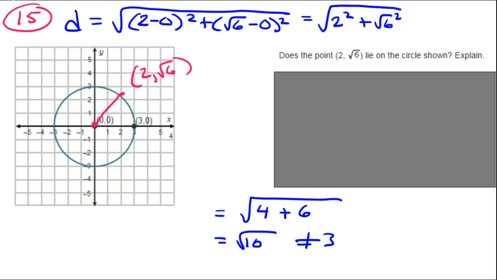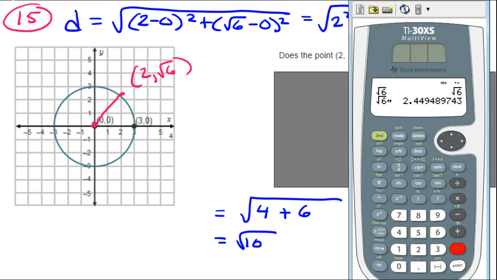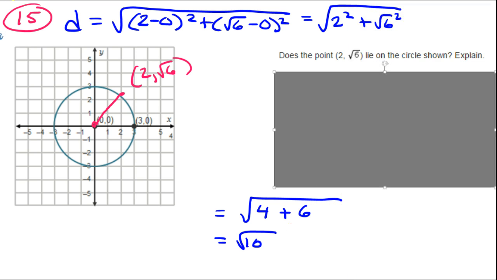What is it? It's some decimal. We can check it out if you want. If you insist, I hear you nagging me to do it. It's 3.16 something. That is not equal to 3, which we know it should have been if it was on the circle. So therefore, it is not on the circle.